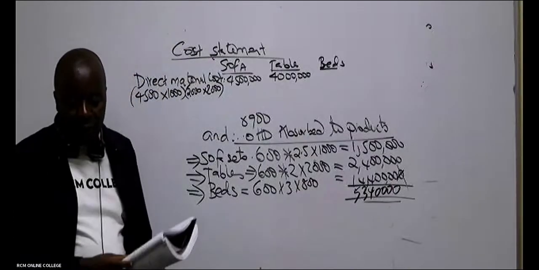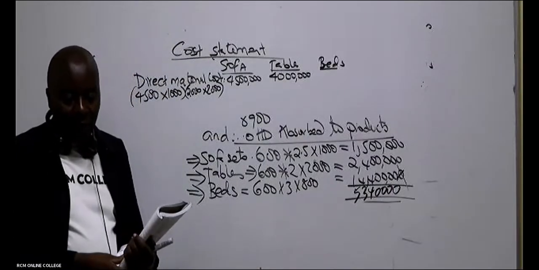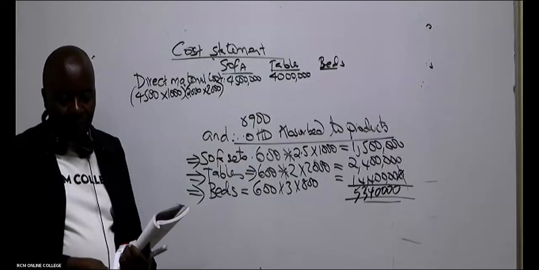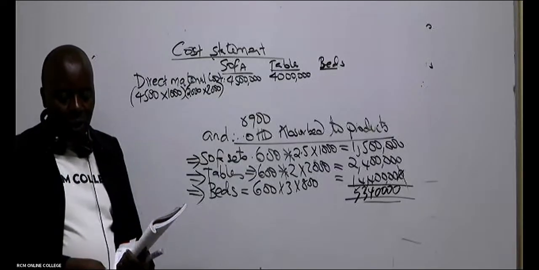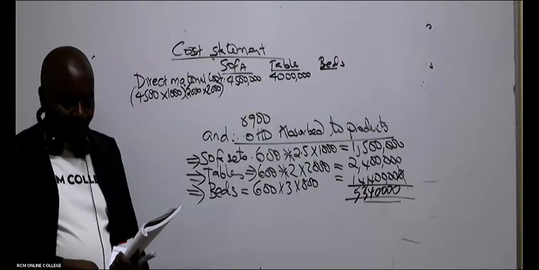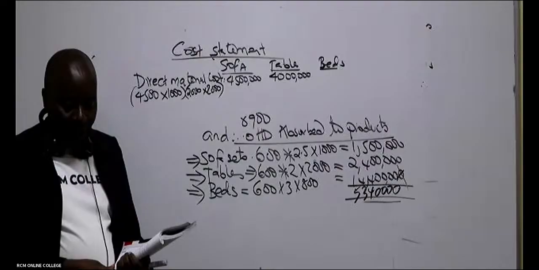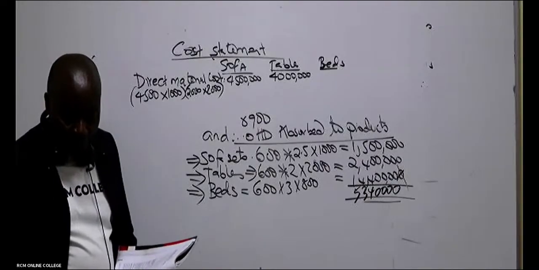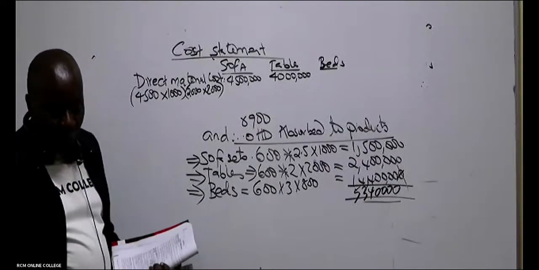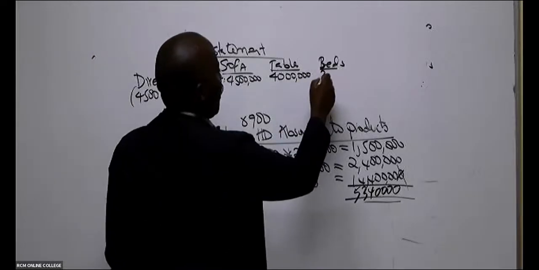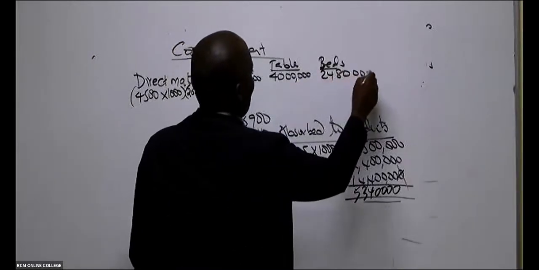The online guys, I cannot hear you today very well. For beds, what do we have there? It will be 3,100 times 800, isn't it? Which gives us 2,480,000. Thank you so much.